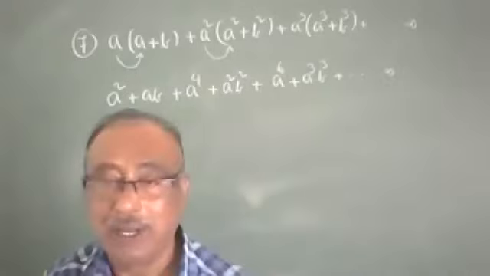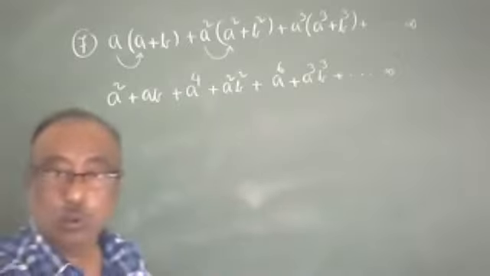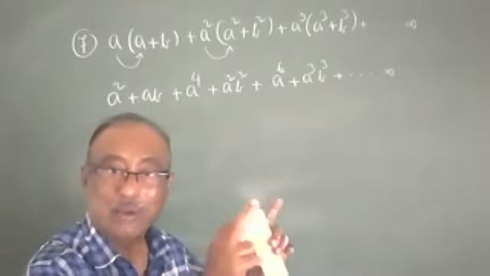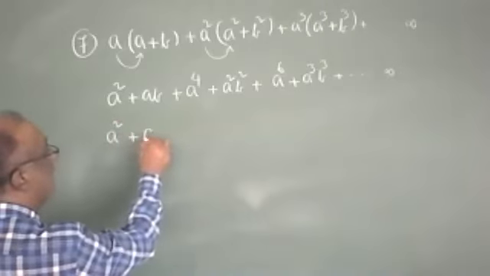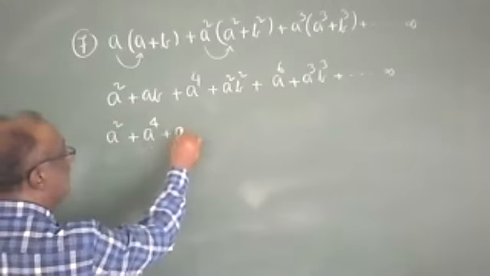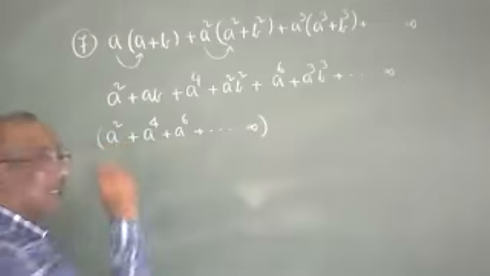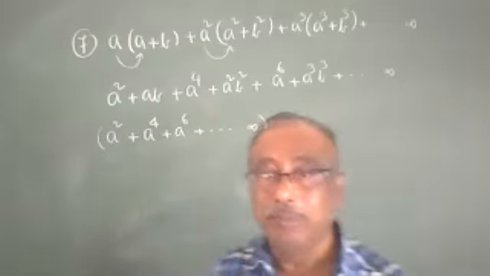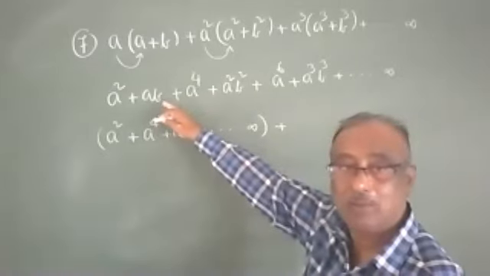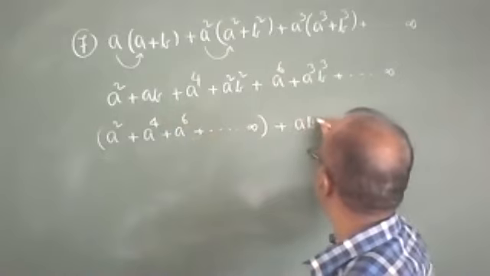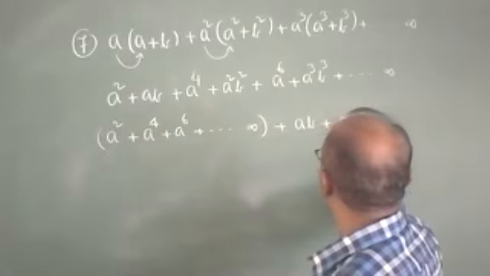Single A terms as one group: A square plus A power of 4 plus A power of 6 up to infinite terms. AB terms are one more group. That is the AB. Next, A square B square, AB whole square.